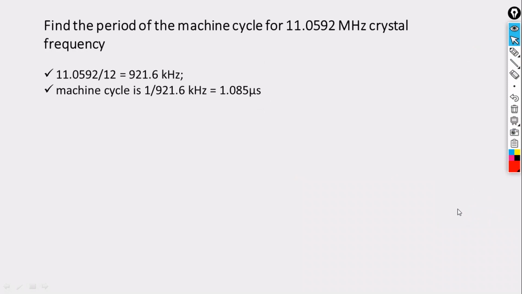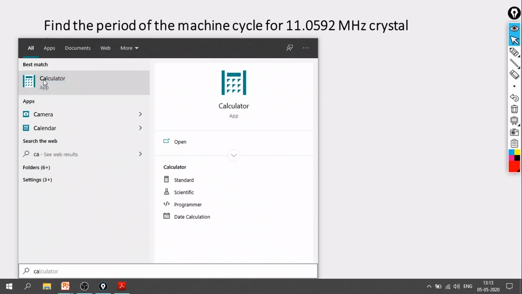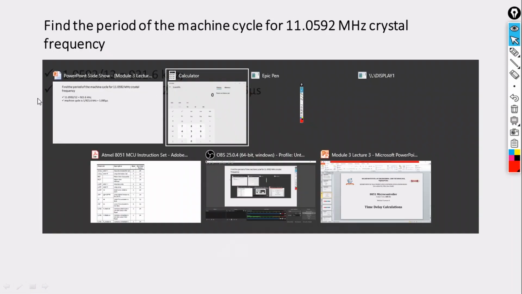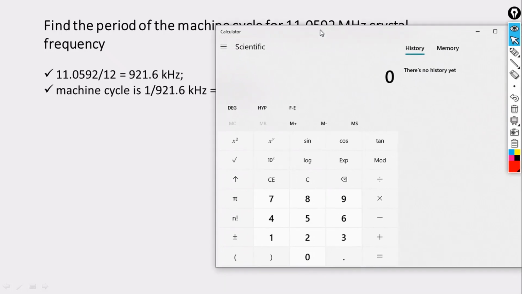Here we have a question: find the period of the machine cycle for an 11.0592 megahertz crystal frequency. Now as we know, let me open the calculator. We had our clock frequency as 11.0592 megahertz.